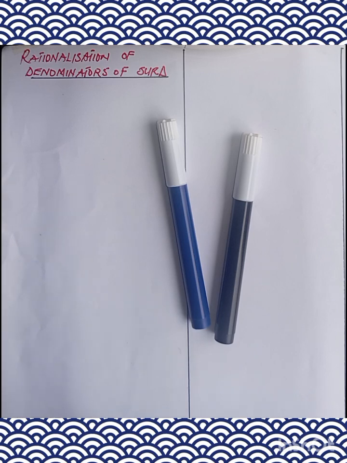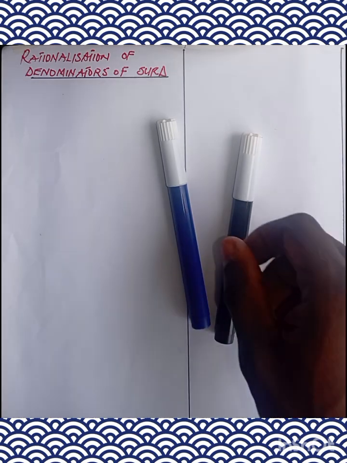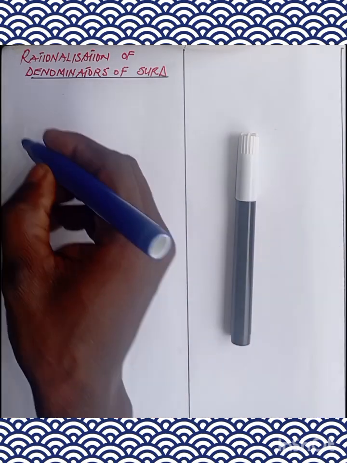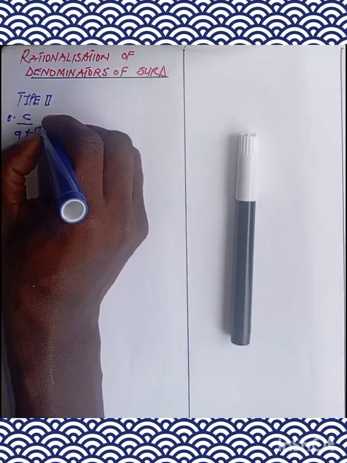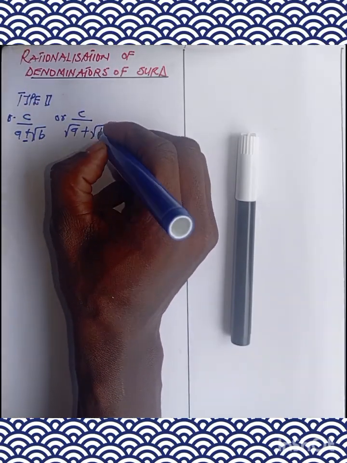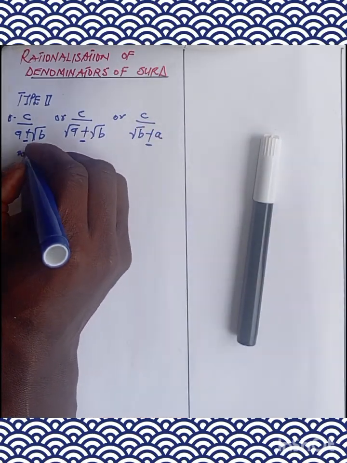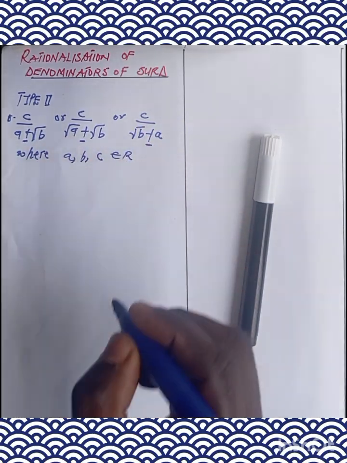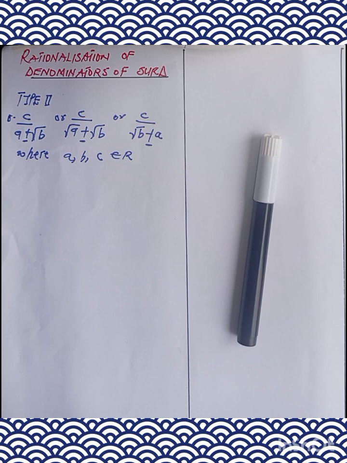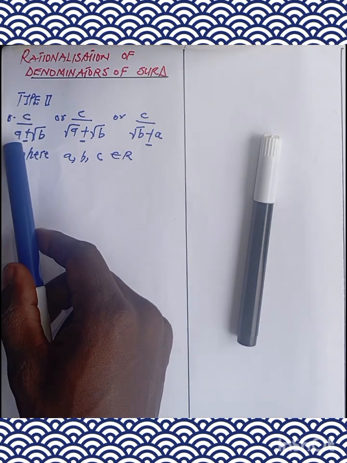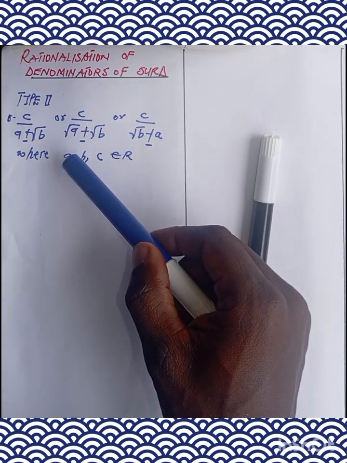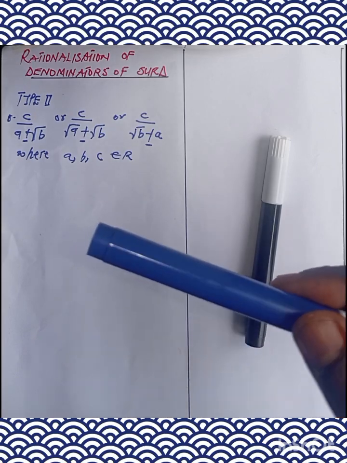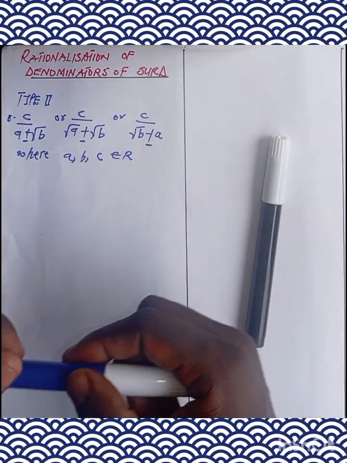Under the type 2 question, the expression is of the form c over a plus or minus root of b, or it can also be in the form c over root of a plus or minus root of b, or c over root of b plus or minus a.